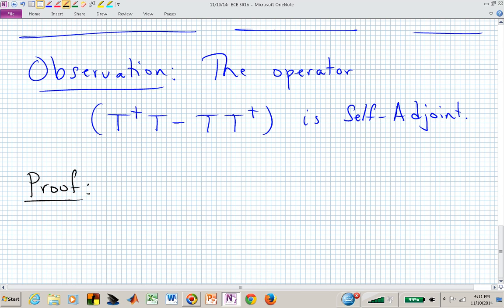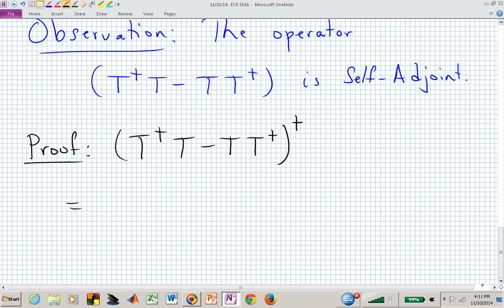And one way of showing that is to just take the adjoint of that and show that it equals what we started with. So if we now take T dagger T minus T dagger, and we take the adjoint of that, now we simply have to recall what happens when we take the adjoint of a product of operators.